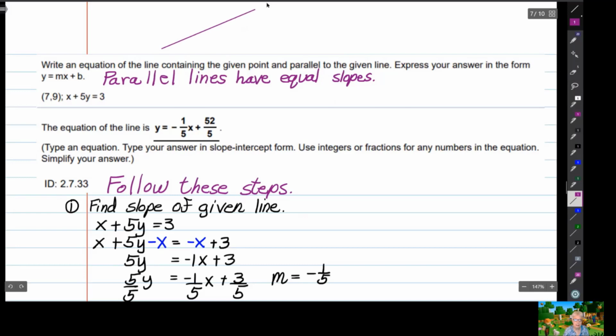Parallel lines go side by side. Yeah, all right. Go side by side forever. That's probably not perfectly parallel, but it's the best I can do. Let's try again going this way.